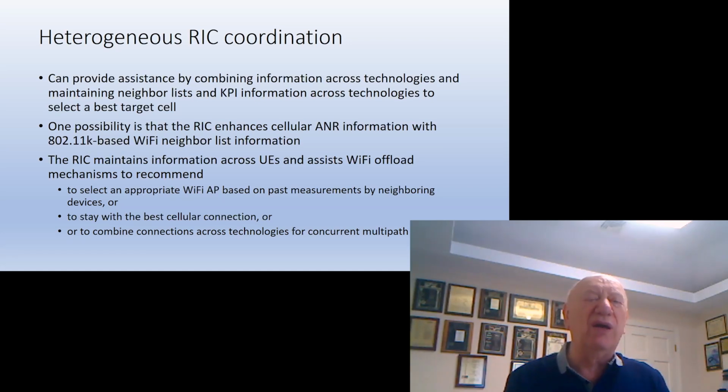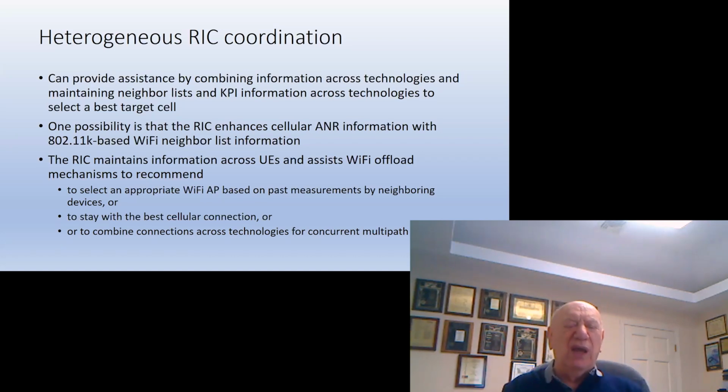Okay. So from a standardization point of view, I think it's very important here to draw the picture and decide how much dependency you are going to have on Wi-Fi, because if this is a Wi-Fi project, it has to be taken up with 802. At least it has to be socialized with them, and they may make a decision that they want it, or they may hand it off.